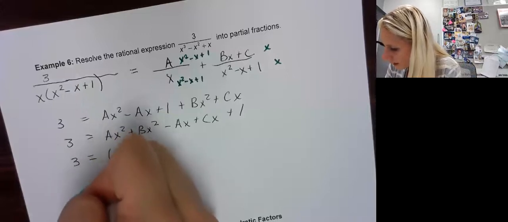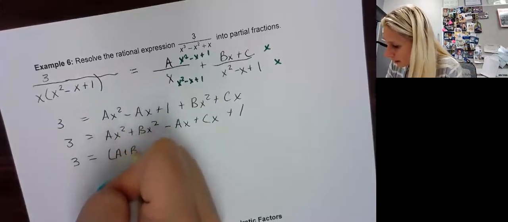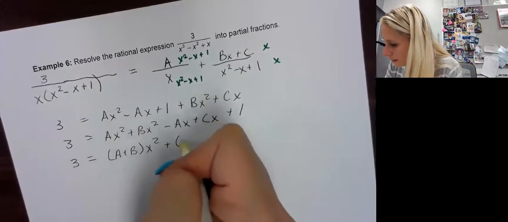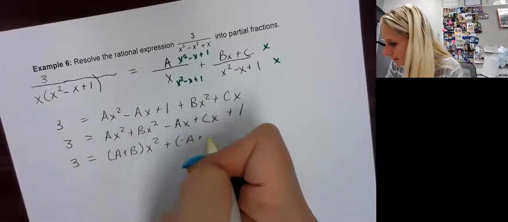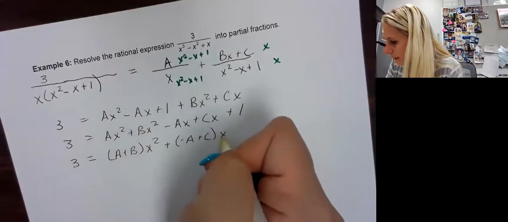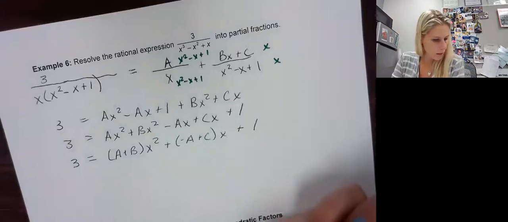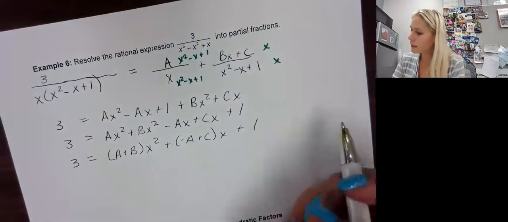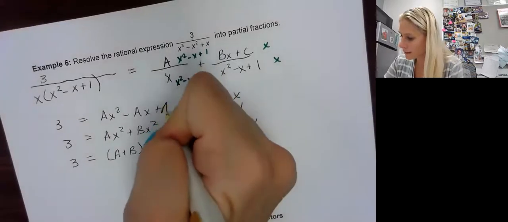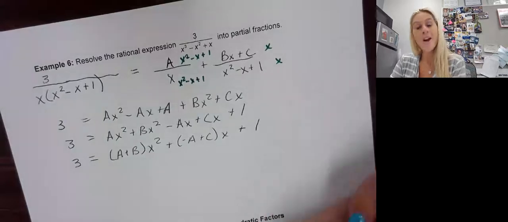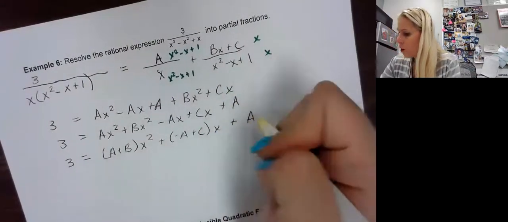So I get a plus b times x squared plus negative a plus c times x plus 1. Oh, what did I do, guys? This is why the distributing stinks right there. I wasn't supposed to put 1, I was supposed to put a. That makes more sense. Whew.